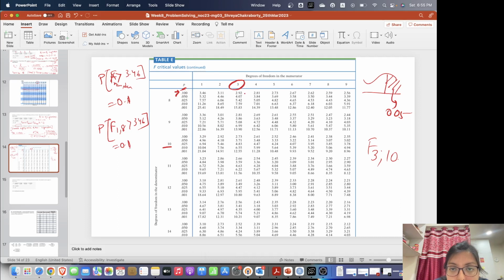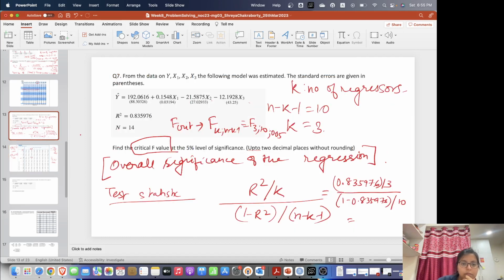Alright, so we have F 3, 10 and we want 0.05. So then we'll focus on this one, 0.05. That is 3.71. So the F critical value that we want to focus on is this one.